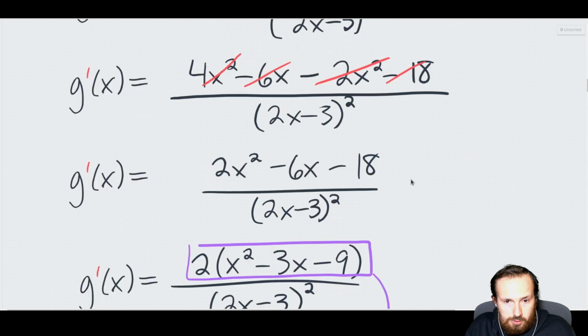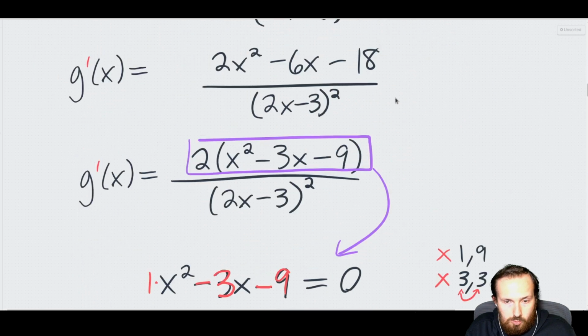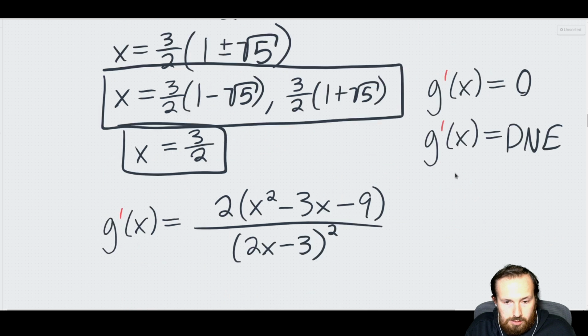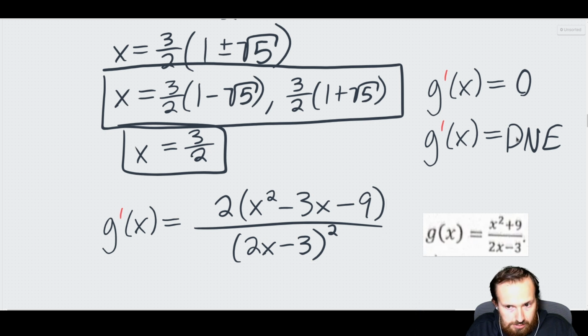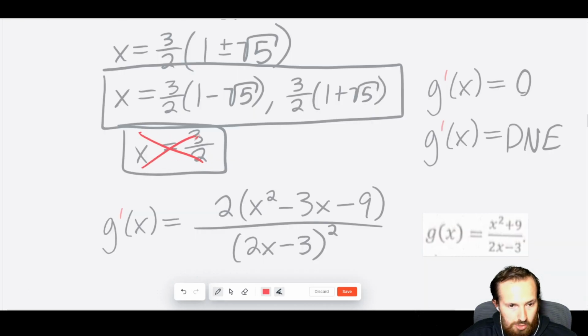If I go back up to the top, this was the original function. So even though there's no problem with the first two, for x equals 3 halves, it's true that that does make the first derivative not exist. However, this point is not even in the domain of the original function. So even though it makes the first derivative not exist, this one can't be a critical point.